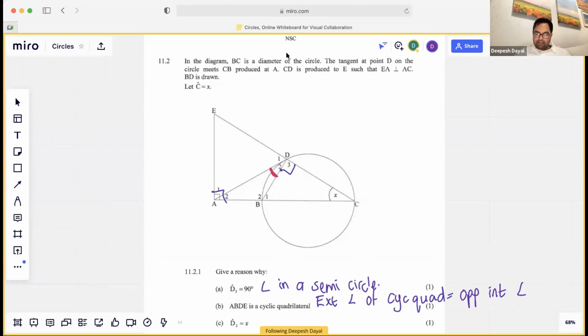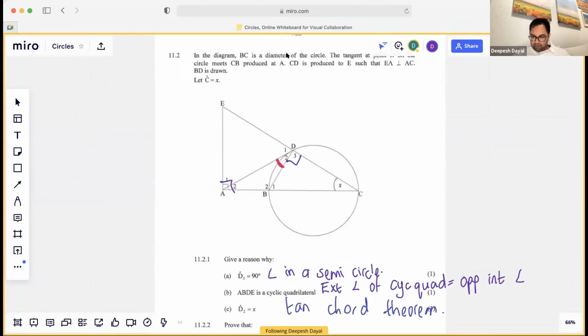So if it's a tangent, isn't it the angle between the tangent and the chord is equal to the opposite angle? Yes, so it's called the tan-chord theorem, right? Okay, great. So we've got the rules there. Thank you for all sharing.